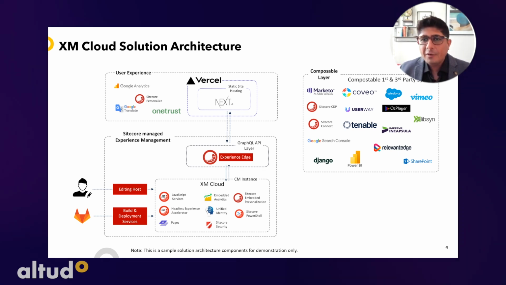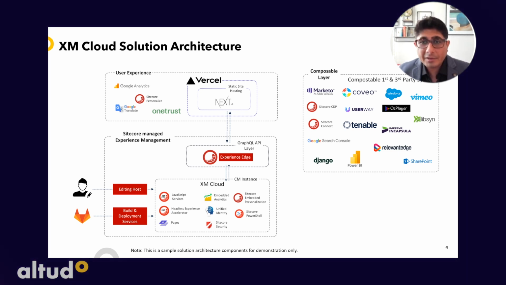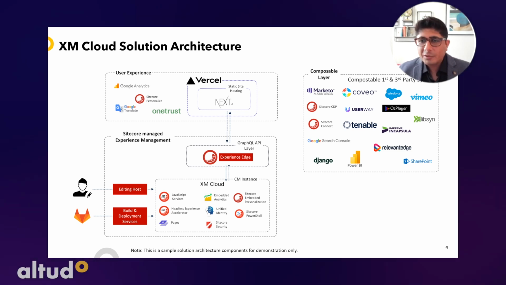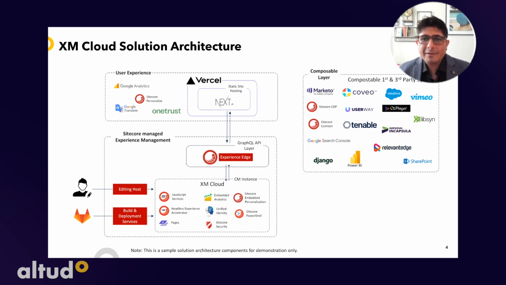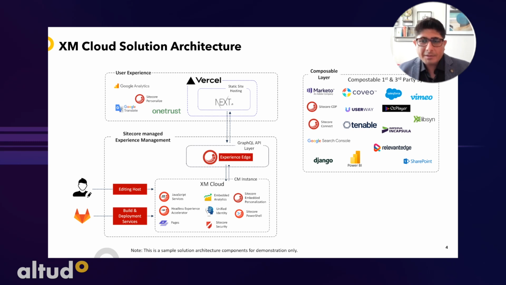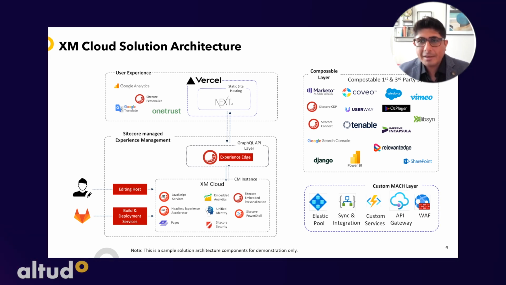For example, for search, we can choose various options, and also CRM systems and third-party integrations. So everything is being built from a composability perspective, and we can easily plug them and connect them with each other to complete the architecture.